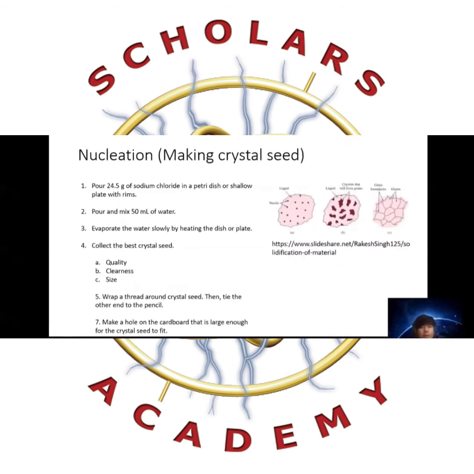So the first part is the nucleation, or making of the seed. This is the part where you make a little crystal that can build a bigger crystal off of it. And see how you have the little atoms, and this is the liquid building up.